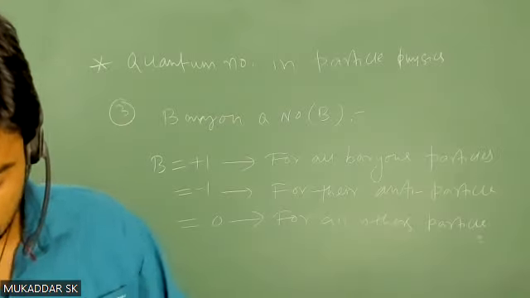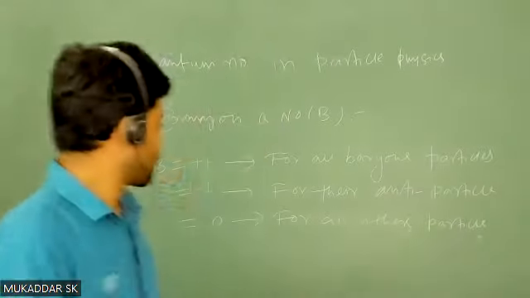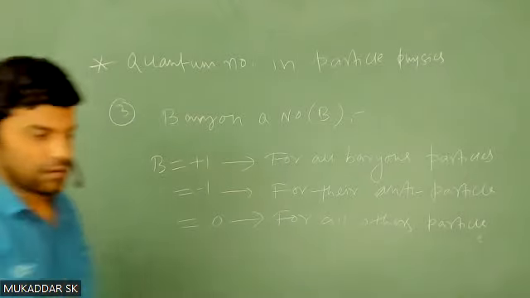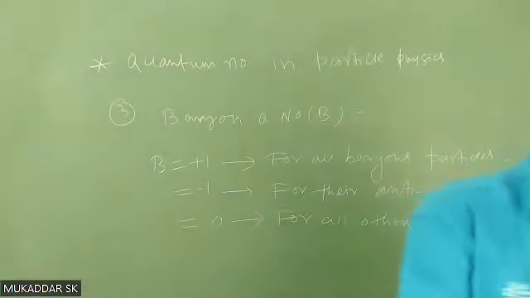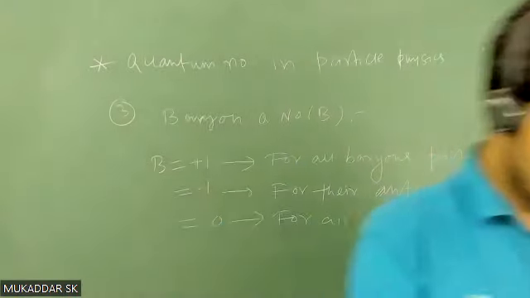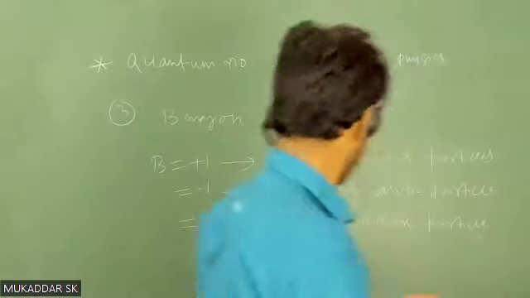It should be conserved in any allowed interaction or decay process, and baryon number is additive in nature. Now, if you check that baryon quantum number, suppose you have a decay process given like this.